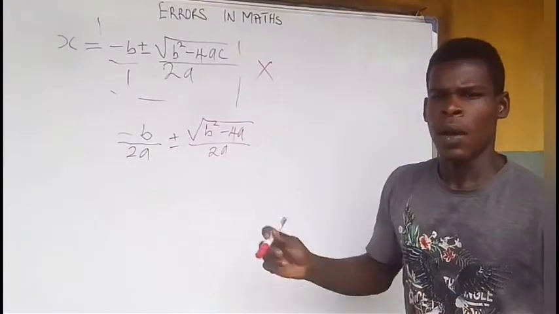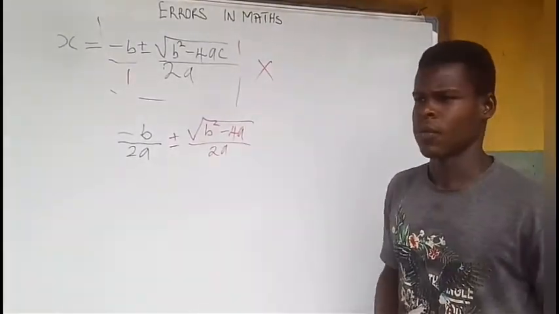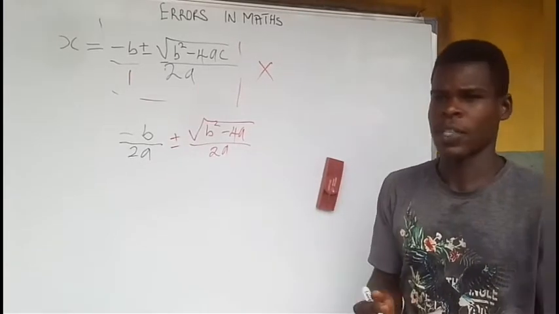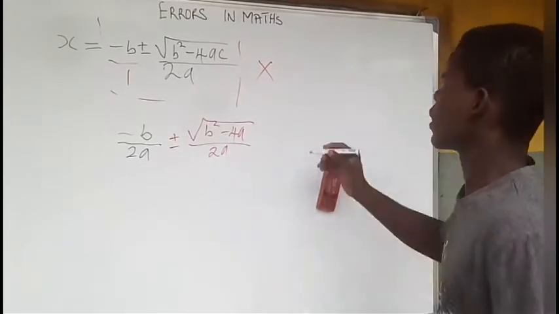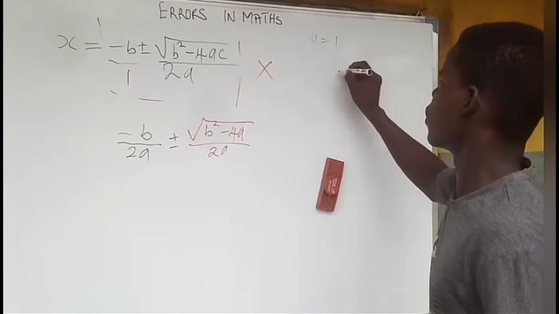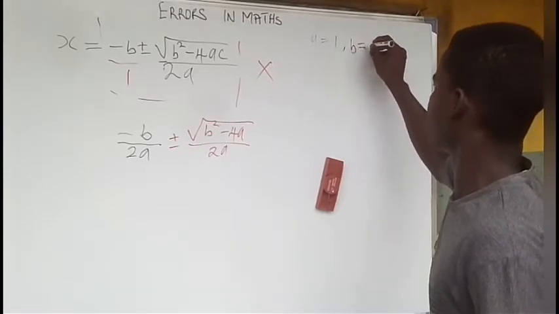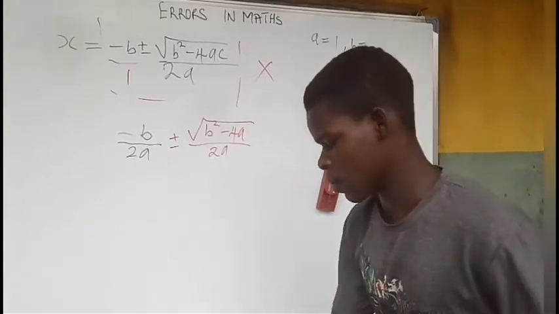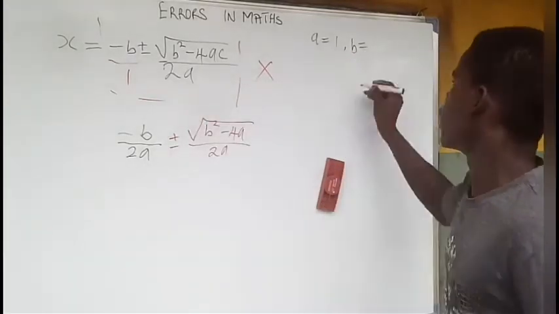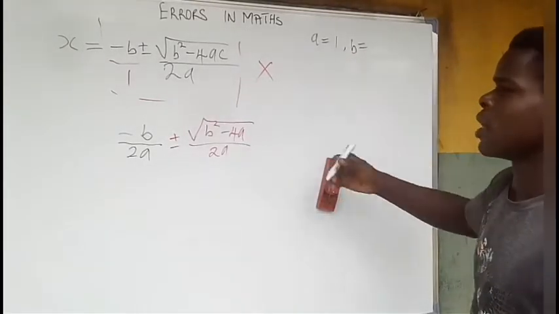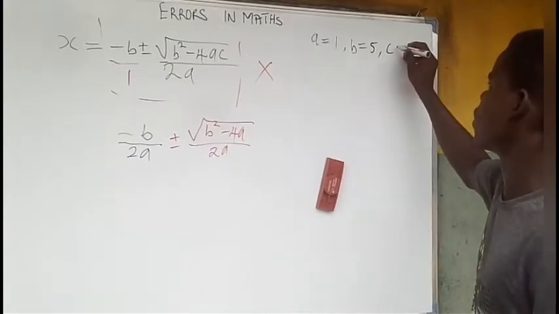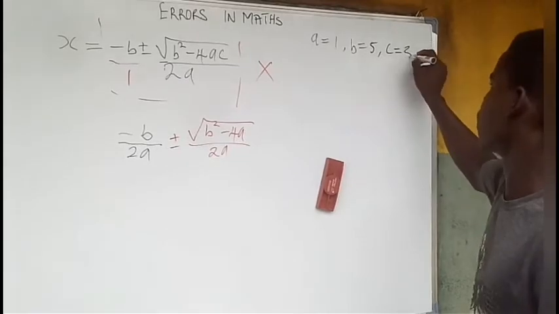I would actually like you to test something. I would like you to test using values. For example, you say something like, let your a be 1, and let's say b is 5, and let your c be, let's say, 3.